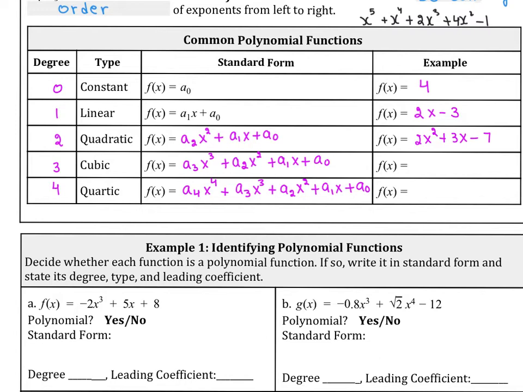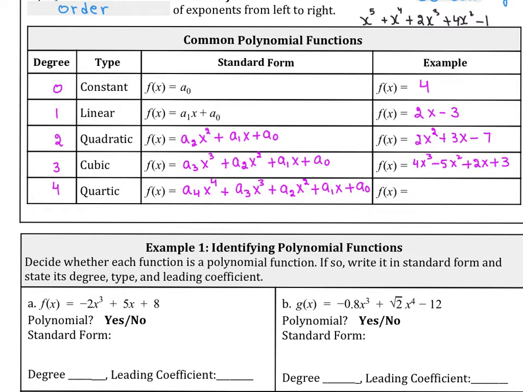This type of polynomial is called quadratic. For the polynomial of type cubic, the degree of the polynomial is 3. Degree means the number that is the highest exponent in the polynomial. We call it degree 3 because this is the highest exponent in this polynomial. An example of this type could be 4x cubed minus 5x squared plus 2x plus 3.